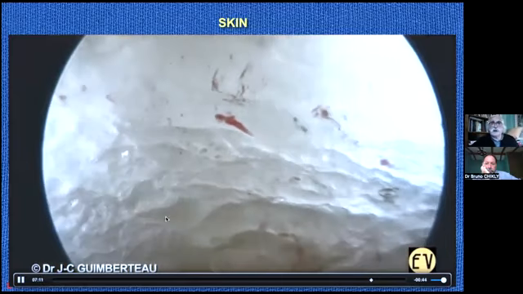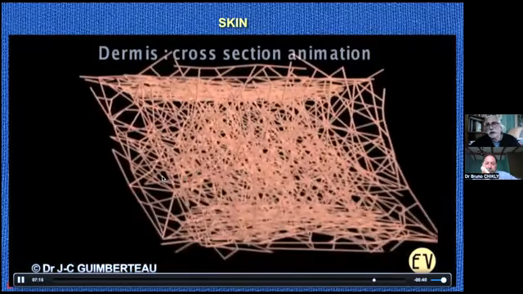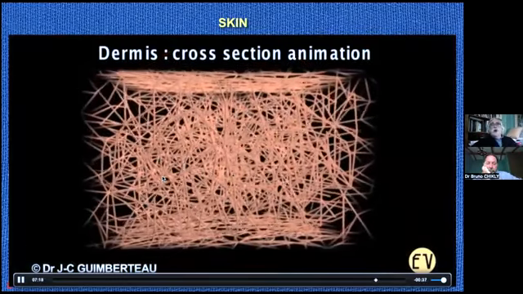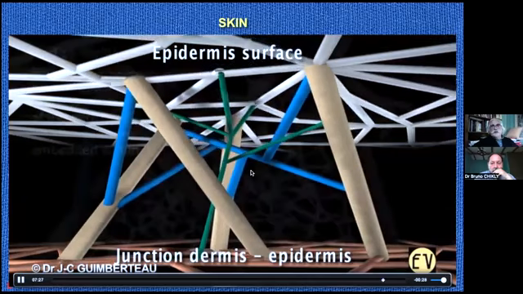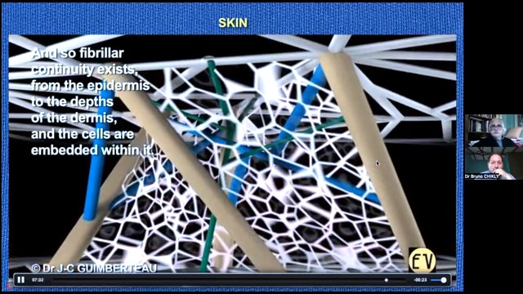Sometimes it's very standard, like that. Sometimes it's very parallel. But inside the dermis, you have almost only fibers. Inside the epidermis, you always have almost cells and some fibers.